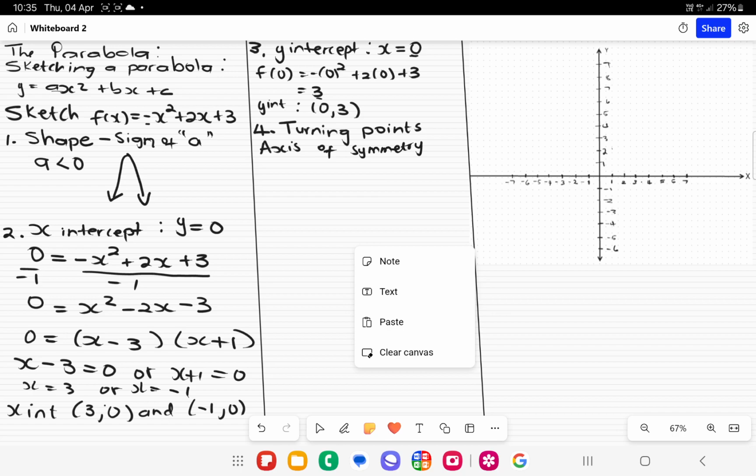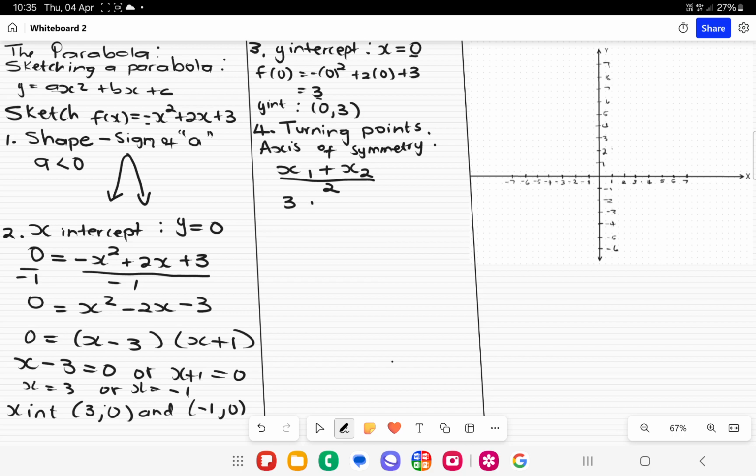I personally like this one where I'm going to take my first x-intercept plus my second x-intercept, and divide them by 2. Why? Because I remember that the axis of symmetry is the midpoint of my two x-intercepts.